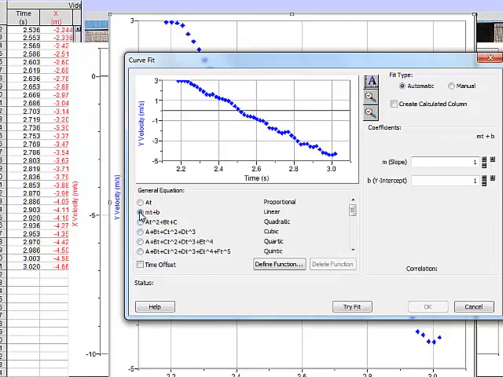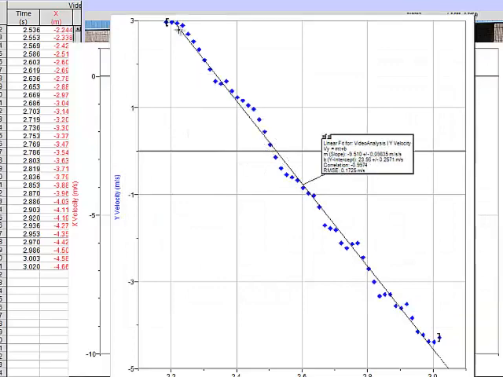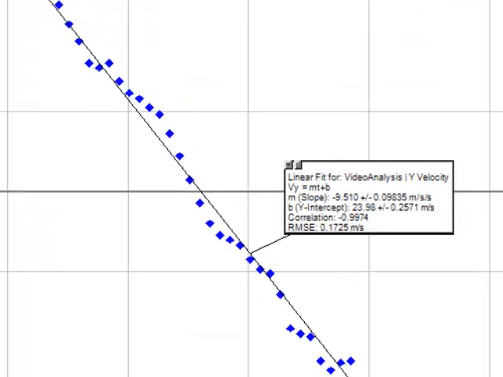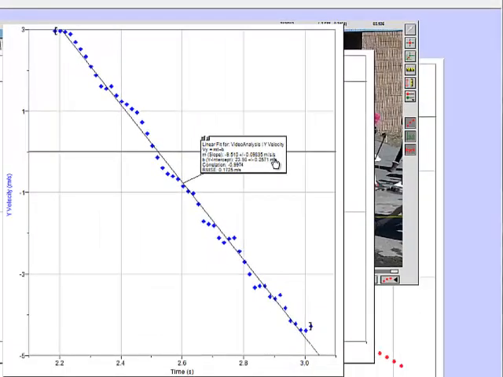I'm going to go with a linear fit because I think it's a constant acceleration. So the program has put in the best line for a fit, and it says that its slope is negative 9.51 meters per second squared. That's pretty close to our accepted value for gravity of negative 9.81 meters per second squared. The reason it's a little less is probably due to the air resistance.